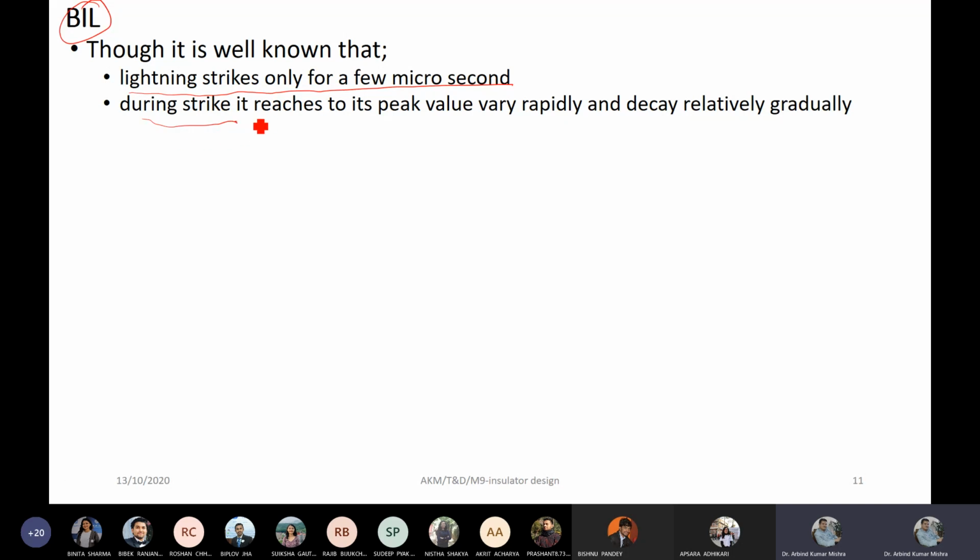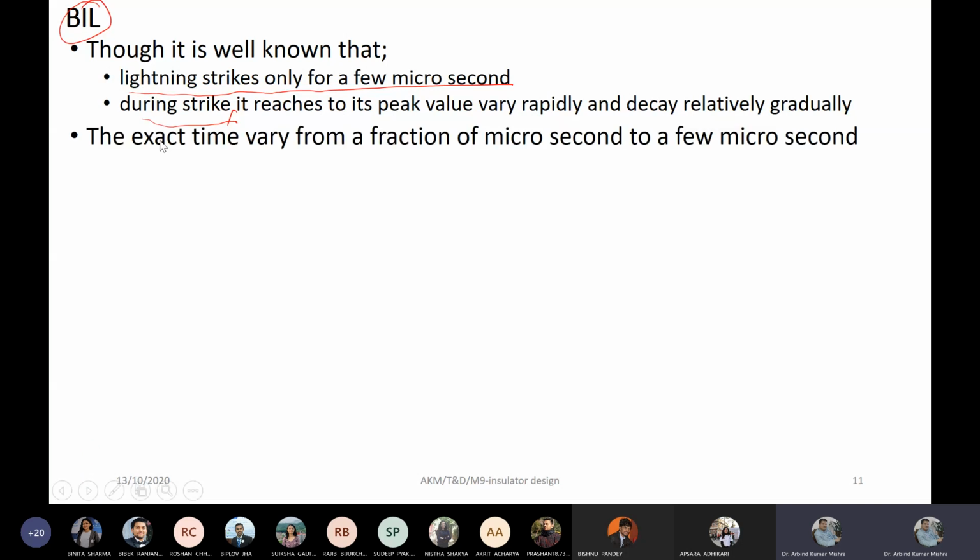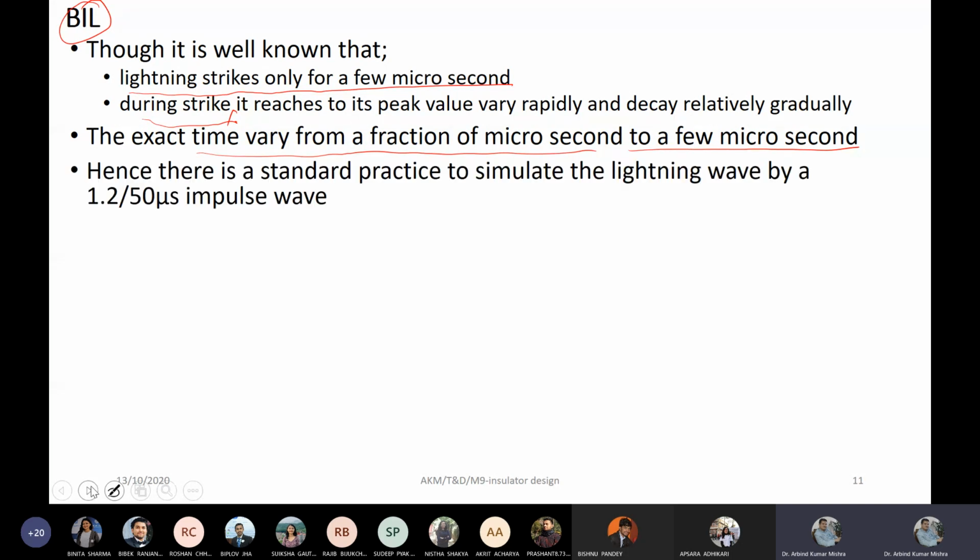During a strike, it reaches its peak value very rapidly and decays relatively slowly. This is a well known fact, but the exact time varies from a fraction of a microsecond to a few microseconds. So it's very challenging for a design engineer to decide what time of operation should be taken for the lightning current or voltage.